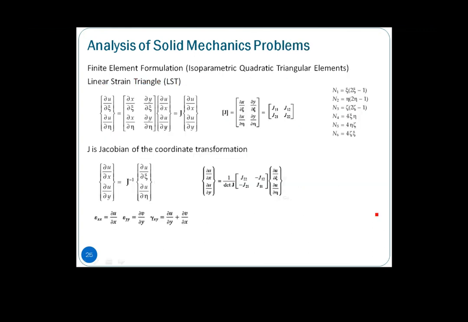Then we make use of the rules as we have seen here, right? So again, here basically becomes our Jacobian transformation matrix. It can be represented by, let's say, J11, J21, J12, J22. All right. So in this case, you have del u, del x, del u, del y, which is just the inverse of this Jacobian transformation matrix multiplied with del u, del psi, del u, del eta.